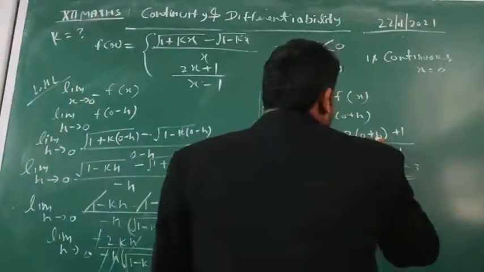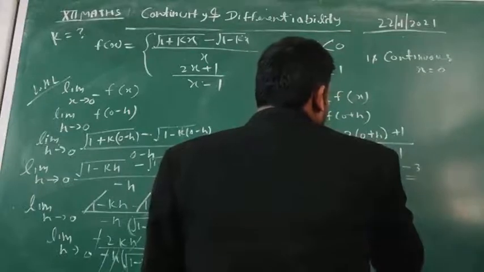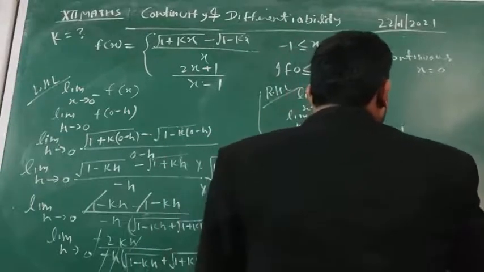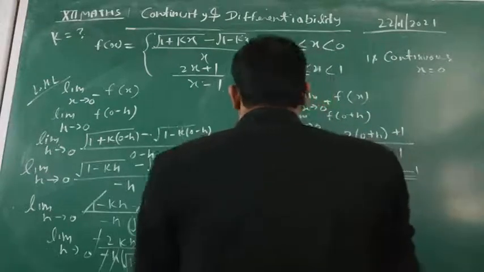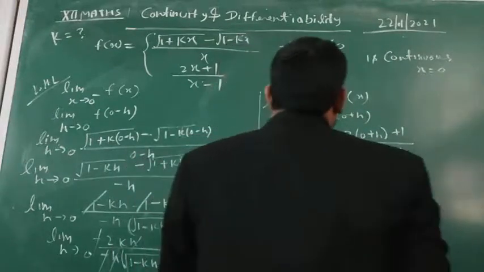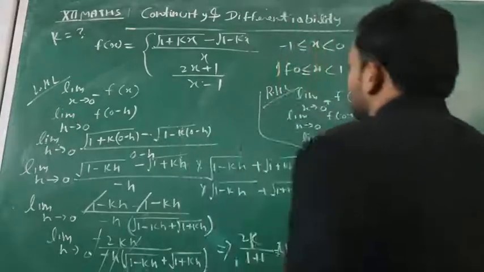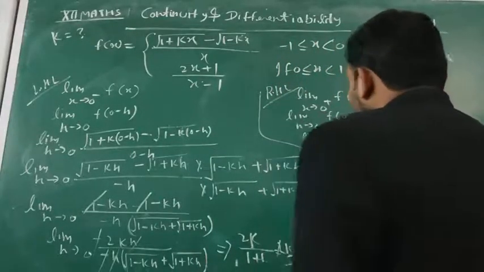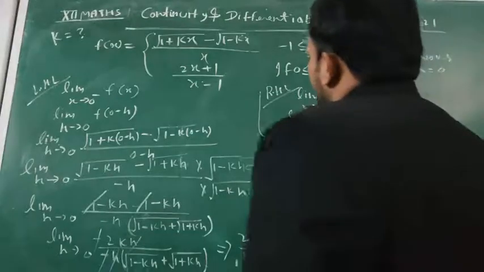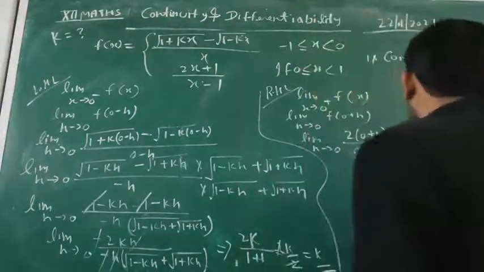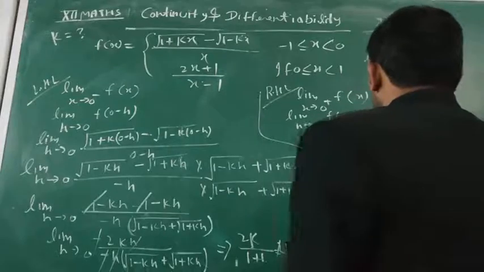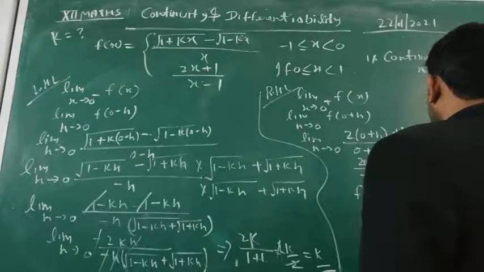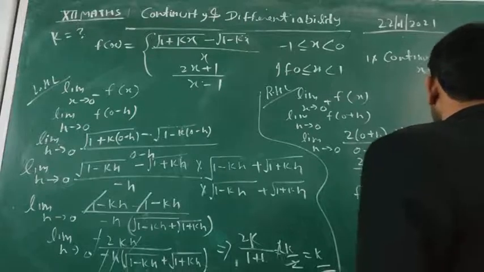When we put the limit 0, this part will be equal to 0 and this will be equal to minus 1. And the value of the function at 0, this is 1 by minus 1, so this is minus 1.